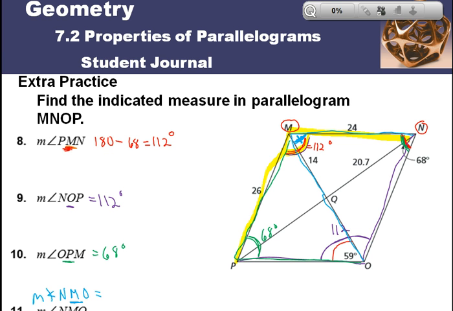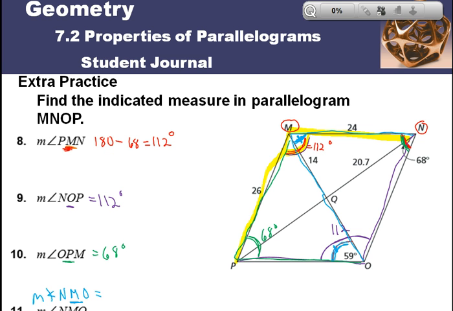Okay, well you may notice that this angle right here is alternate interior with this angle down here, and we have a theorem that says when the lines are parallel that alternate interior angles are equal. So you see how this angle right here is in between these two lines, and this angle right here is also between these two lines, and they are on opposite sides of this line, so they're alternate interior, and when the lines are parallel, then the angles are equal.